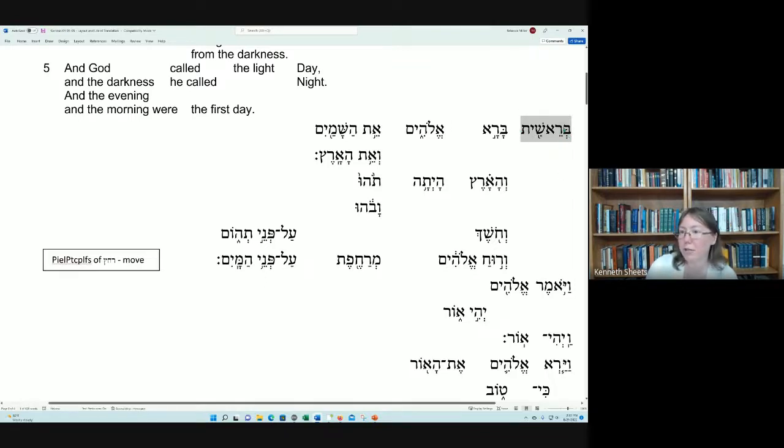So Bereshith, you can see it begins with the Beth, and the Beth has a dot in the middle of it. Now, obviously, because of the fact that this is the very first word in Scripture, this particular word is not preceded by a vowel sound.